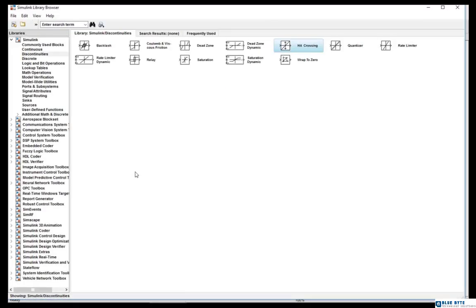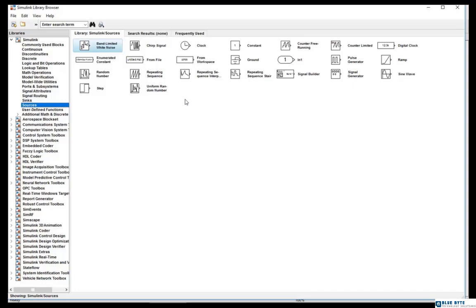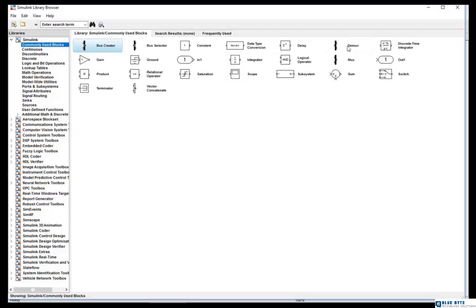We want to show the application of this block with a simple example. I add a mux, signal generator, and scope blocks to our model, and in the hit crossing block, I set the hit crossing offset value here.